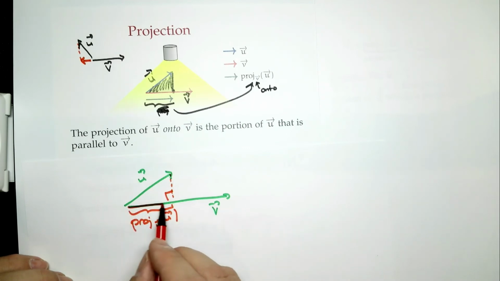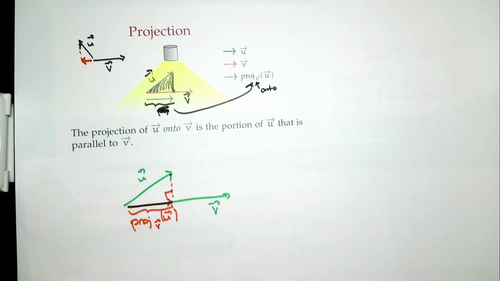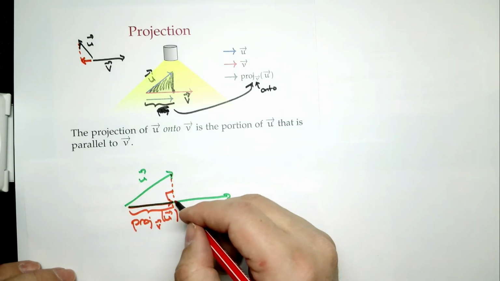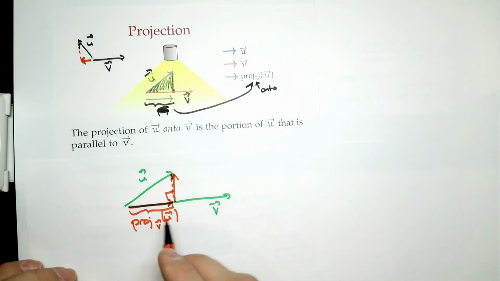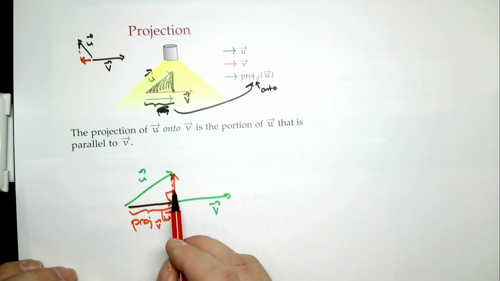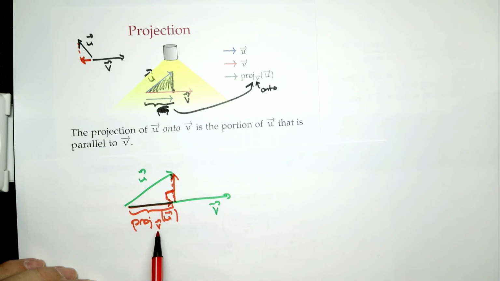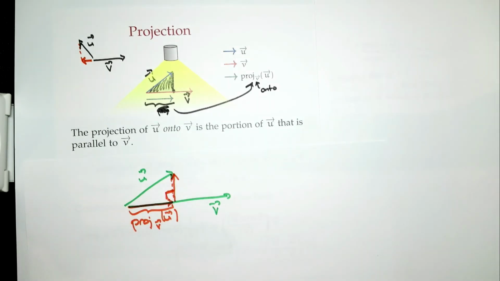Well, that's a vector. Then there's this other vector here, and notice that this other vector is perpendicular to v because it's a right angle. And if I take the projection plus this other vector, I get u. So in some sense I'm breaking u up. Some of u goes with v, some of u goes perpendicular to v. How much? Okay, so that's the goal.